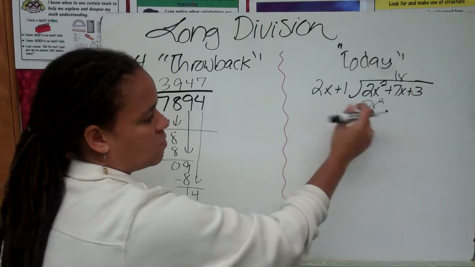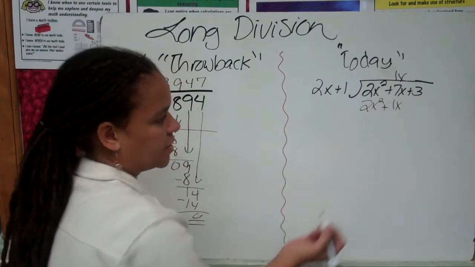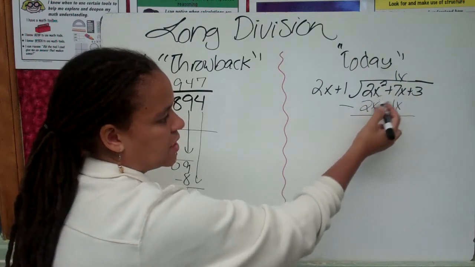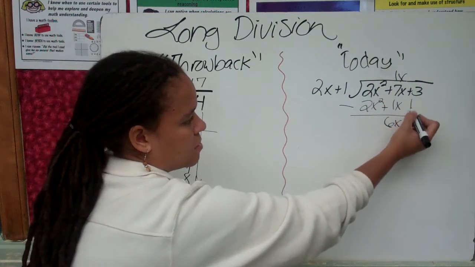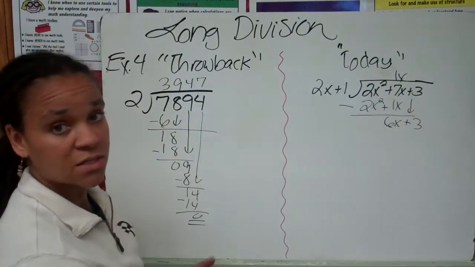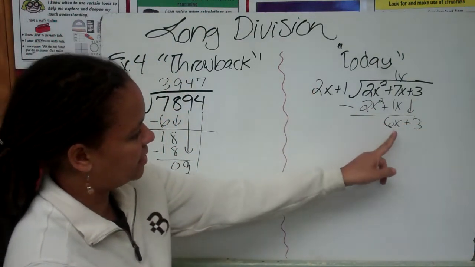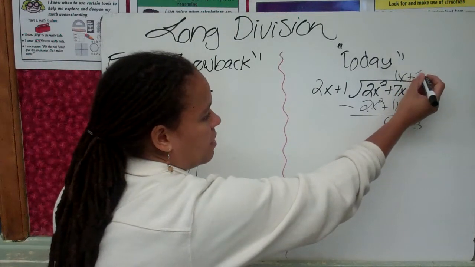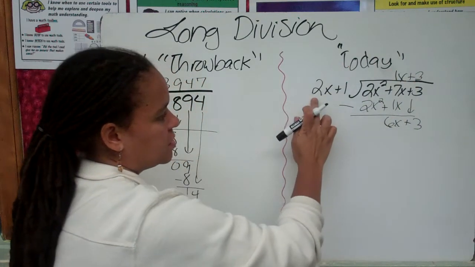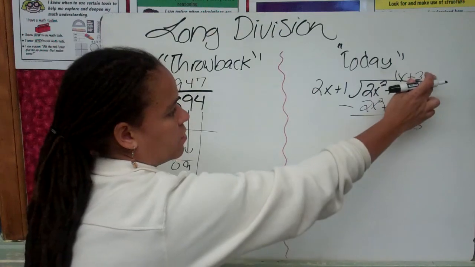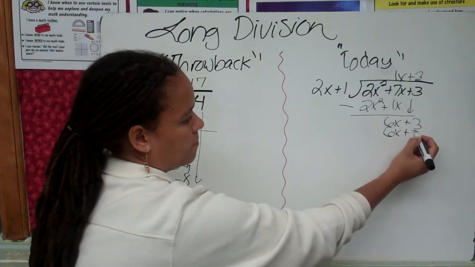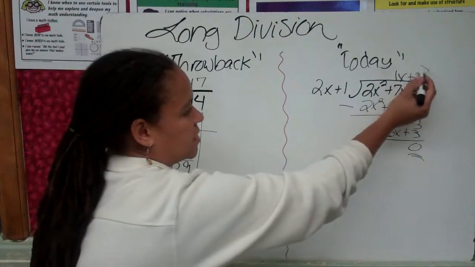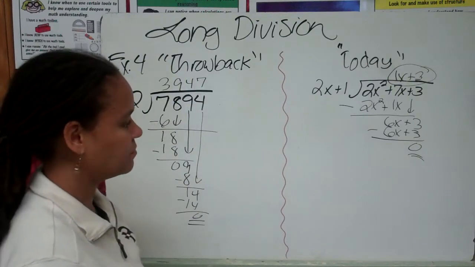So 1x times 1 is 1x. Now we're going to do like we did before. Subtract. That cancels out. 7 minus 1 is 6x. Bring it down. Start over again. What do you have to multiply 2x by to get 6x? Well, of course, just 3. So we're going to multiply by a positive 3. 3 times 2x is 6x. 3 times 1 is 3. Subtract, nothing left, no remainder. This would be our answer, x plus 3. What do you think? Let's try a couple more.